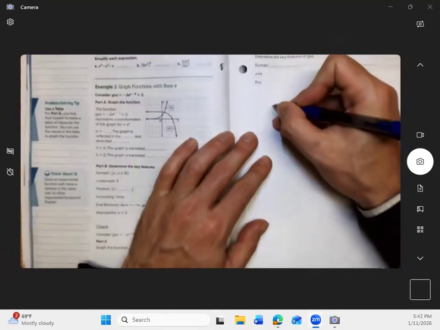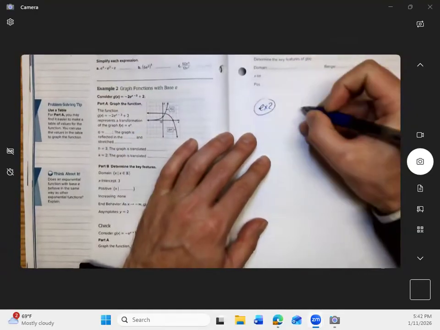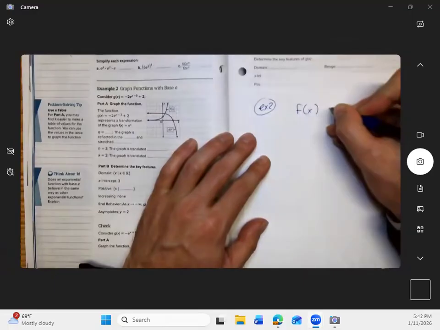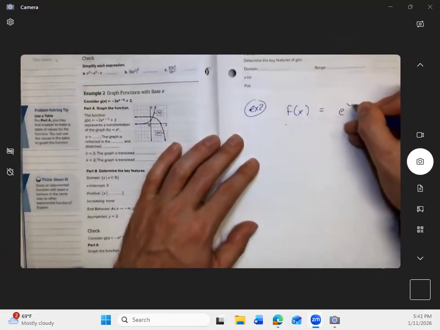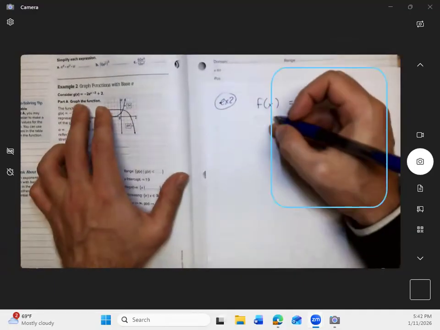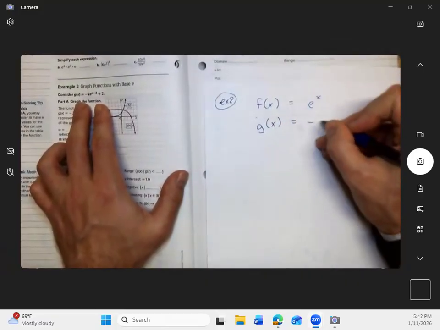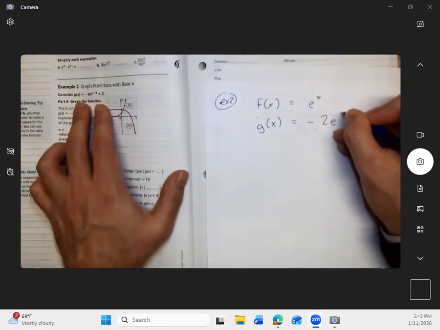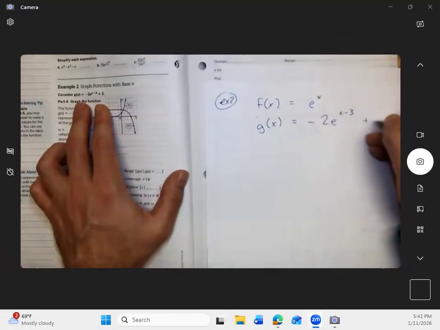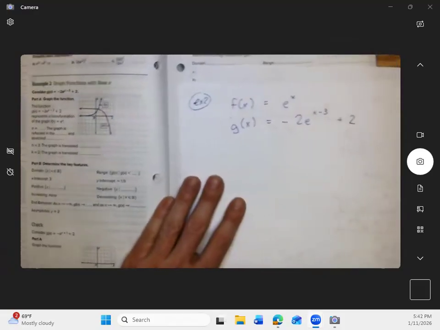Example 2, graph functions with base e. So let's consider a parent function. I'll say f of x equals e to the x. And then they want to know, what does this new function they call g of x look like, where g of x is negative 2 e to the x minus 3, and then the whole thing plus 2? So we're talking about translation rules.